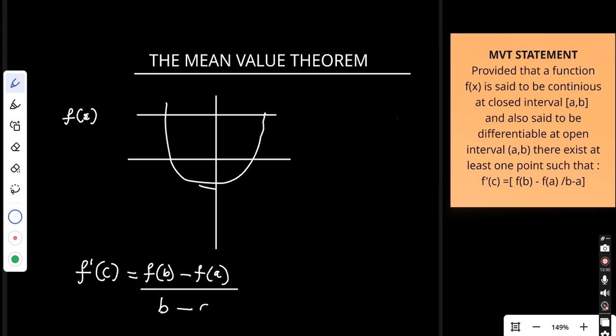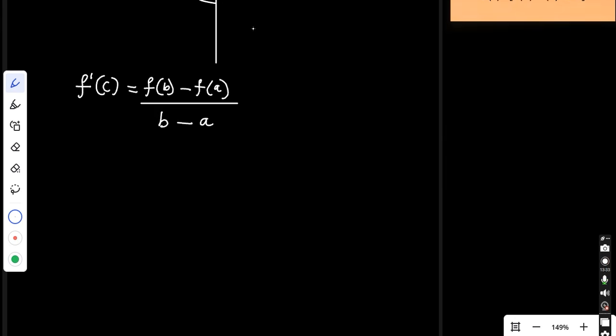The left side, f prime of c, is known to be the slope of the tangent line. And this right side is known to be the slope of the secant line.